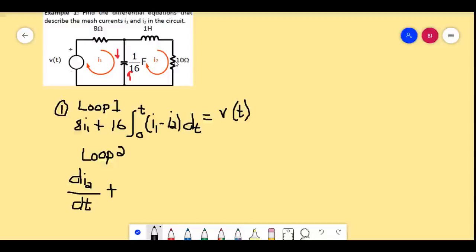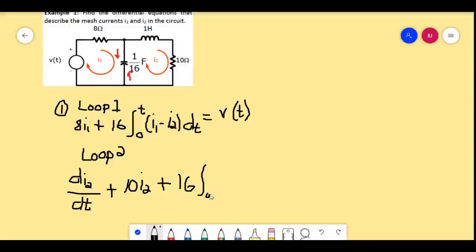Next, we have the voltage in the resistor. Just like the one in loop 1, we have 10 ohms, so 10, but it's not I1 passing through it, it's actually I2. So we write I2 here. And then finally, we also have this one again. It's the same equation as this one, as nothing changed, except that our main current in this loop is I2. So we would be reversing this.